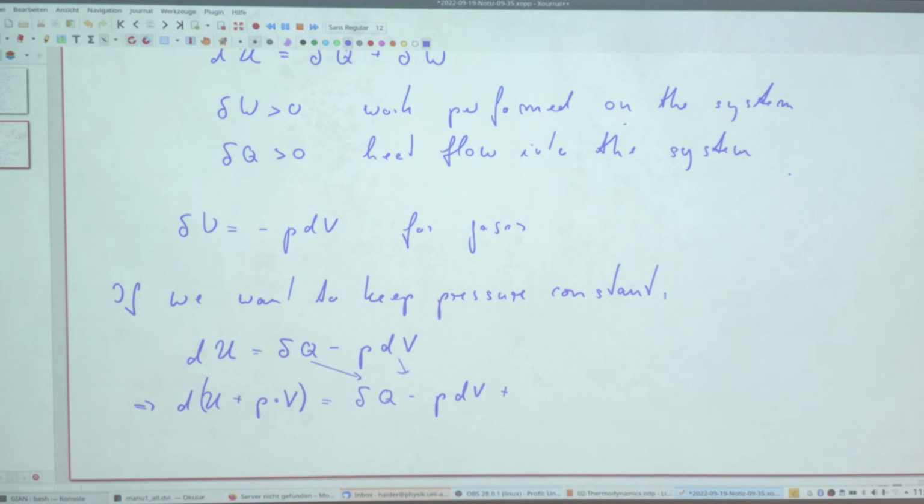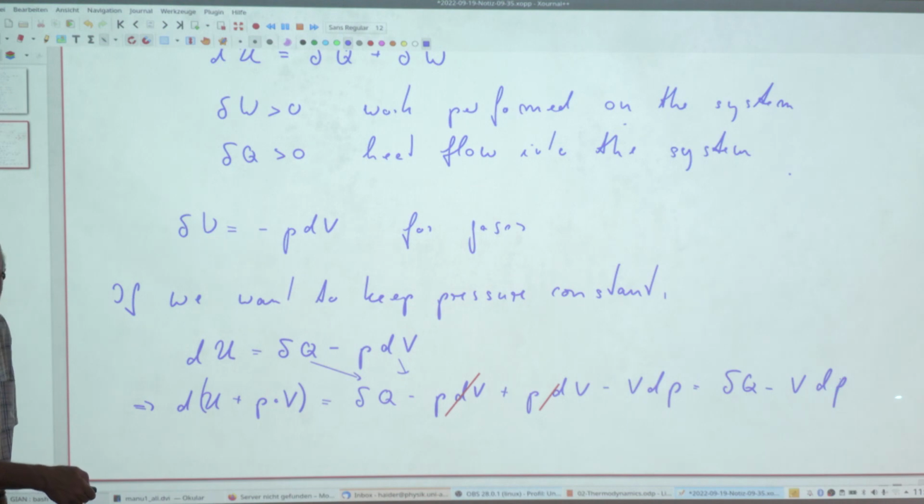And now I have plus PdV plus VdP. And this cancels out. So what I obtain is delta Q plus VdP. So this is a case where I can look what happens if I change the pressure by small amounts, dP, and then this changes this quantity here by a corresponding amount, and this gets a new name. That's the enthalpy. Probably most of you know.